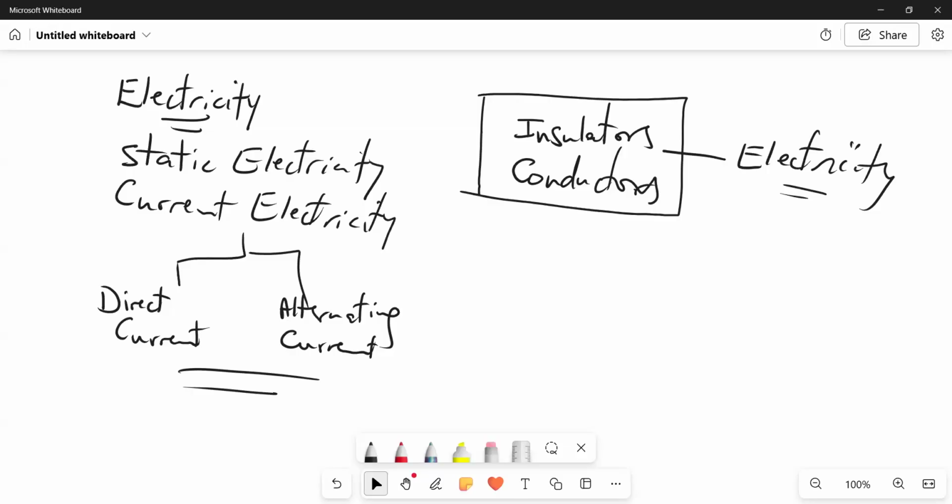But remember, when we are talking about insulators here, we're talking about materials that don't allow the free flow of electricity. And when we speak of conductors, these are materials that allow electricity to flow freely, right?